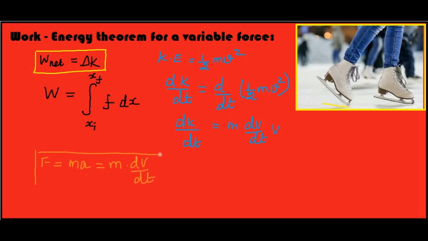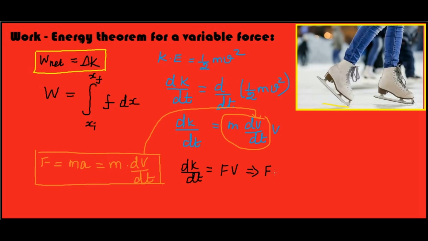That means that m into dv by dt can be replaced by F. So what I'll be having over here now is dK divided by dt is equal to F into v. Here the v can be further written as change in displacement divided by change in time.